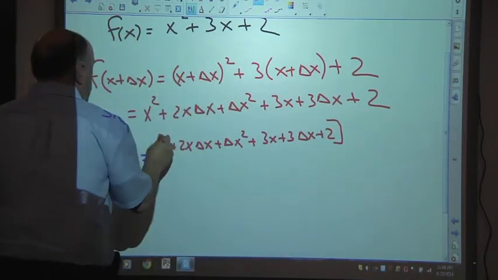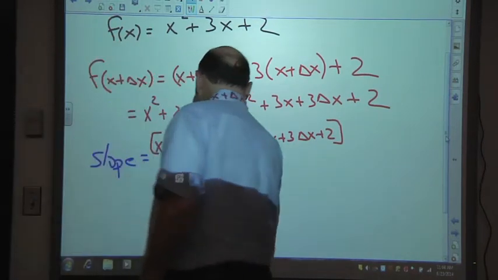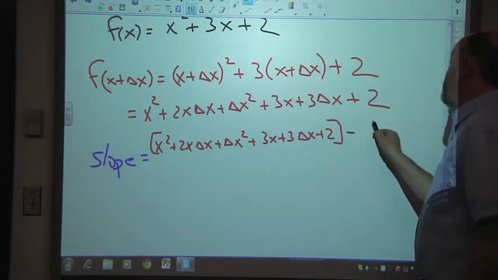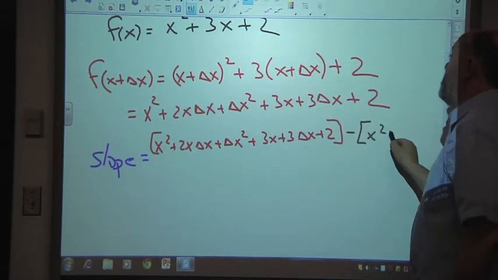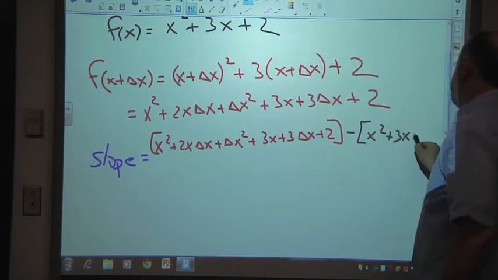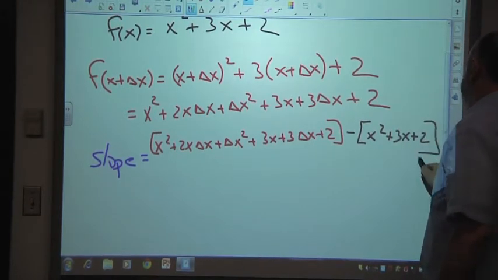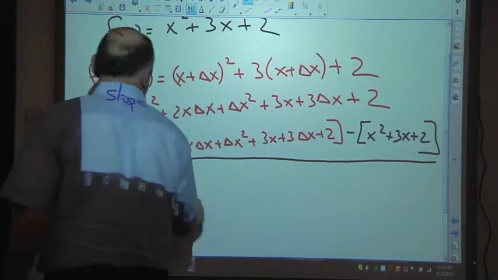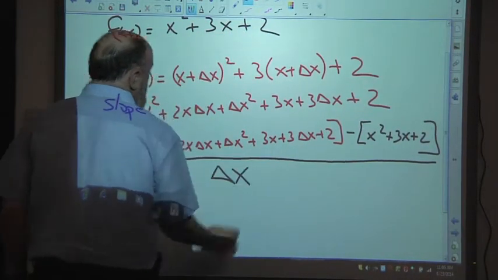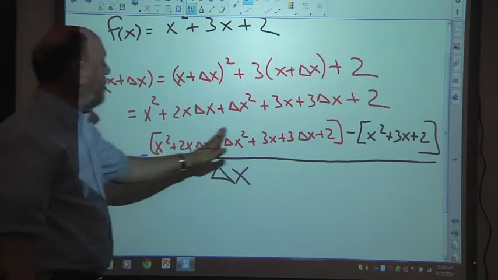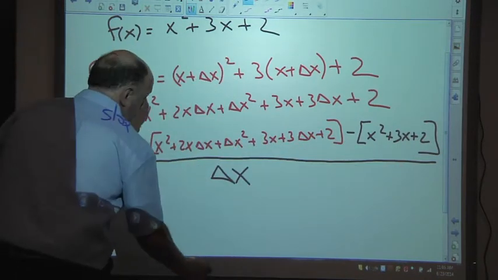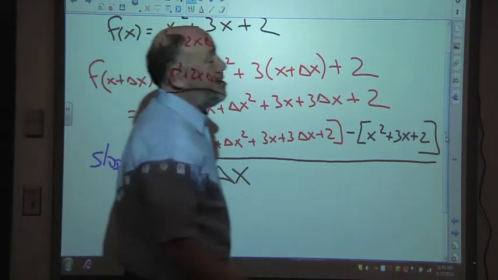That part minus my f of x, which is x squared plus 3x plus 2. All of that over delta x. So all of this stuff in red minus that in the bottom. But this can be simplified a bit.